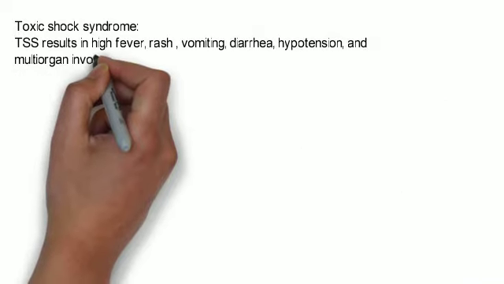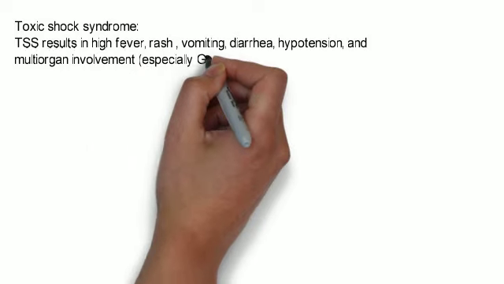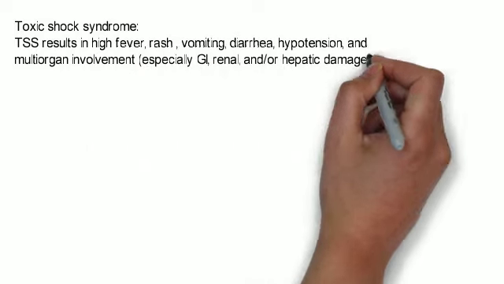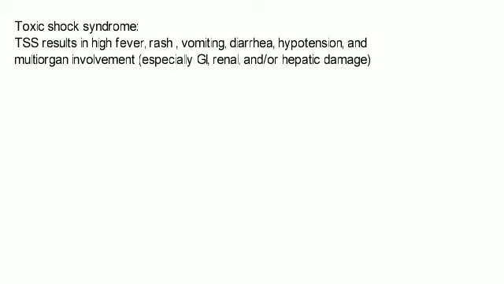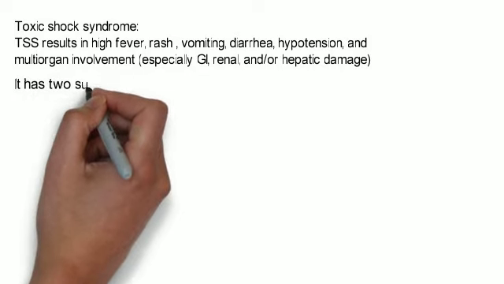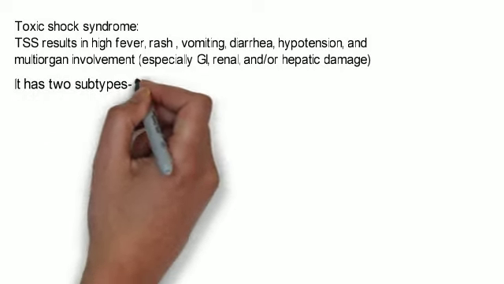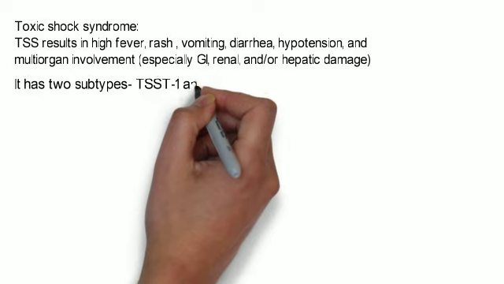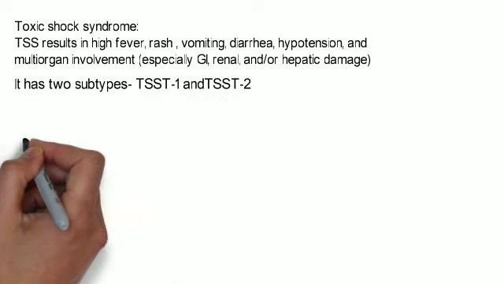Toxinoses. These are diseases caused by the action of a toxin, frequently when the organism that secreted the toxin is undetectable. Toxinoses caused by S. aureus include toxic shock syndrome. TSS results in high fever, rash, vomiting, diarrhea, hypotension, and multi-organ involvement.